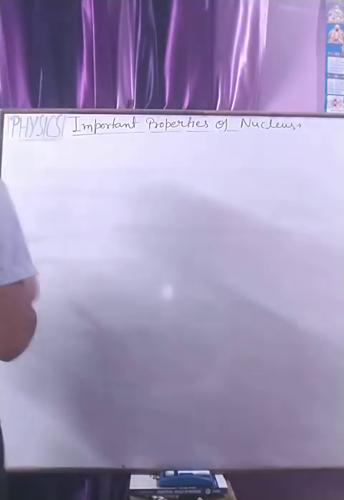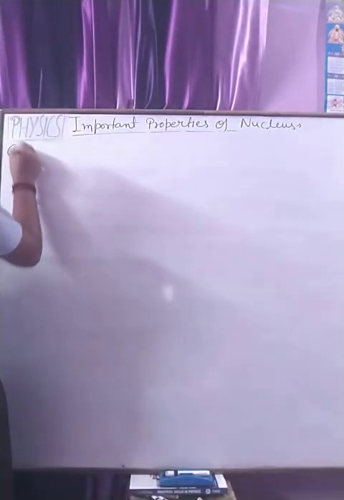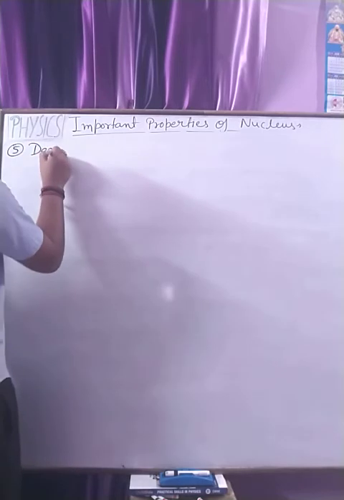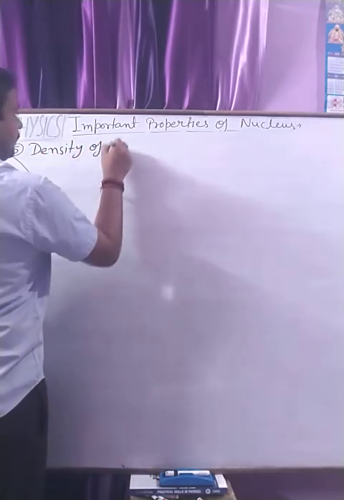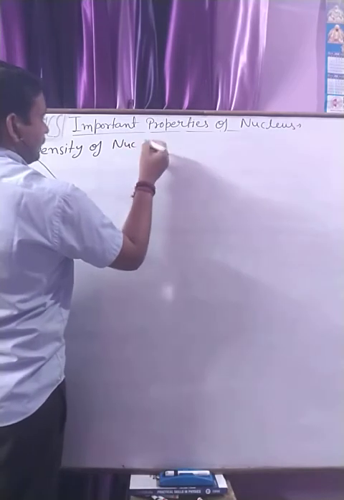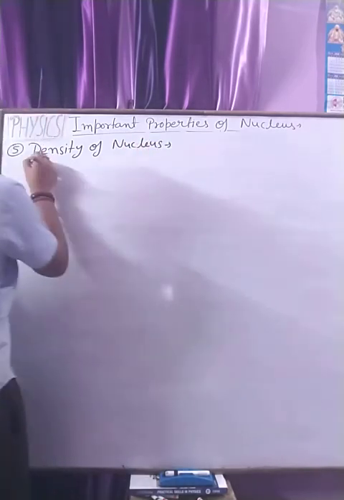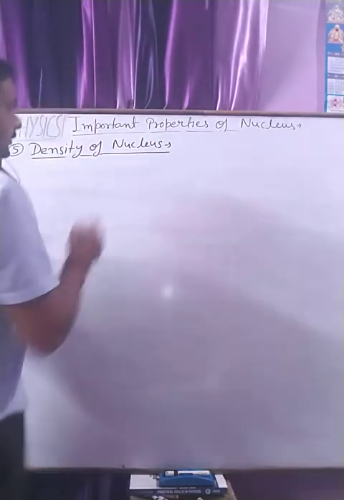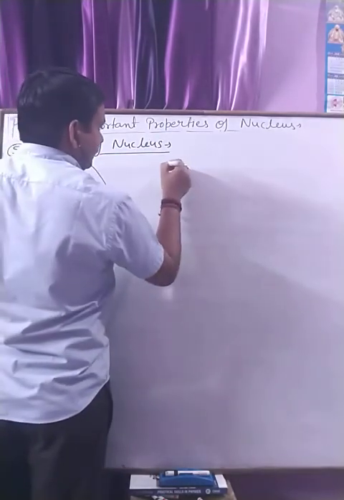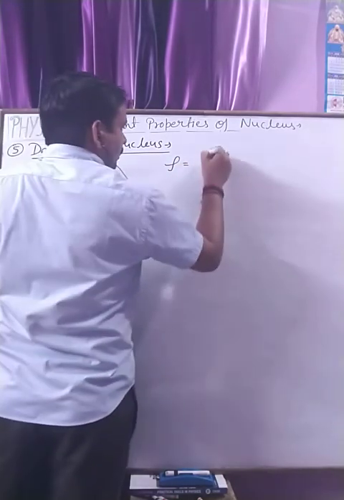Next we have the density of nucleus. Fifth point, density of nucleus. Okay, student, we know that the density is given by mass upon volume.